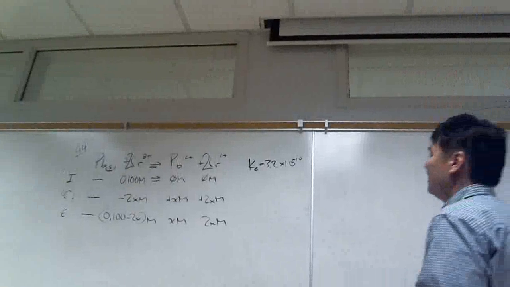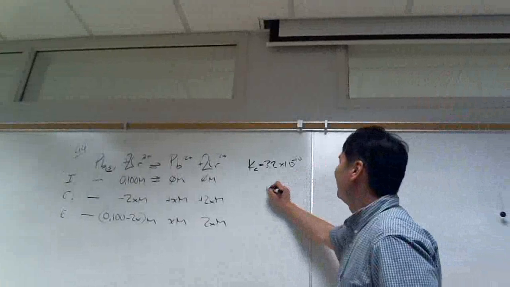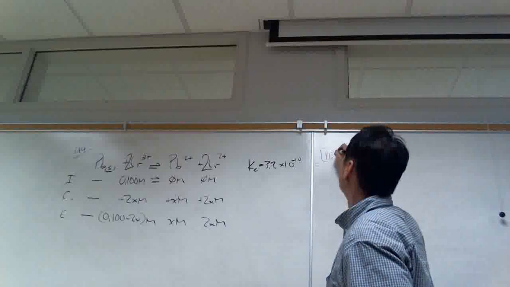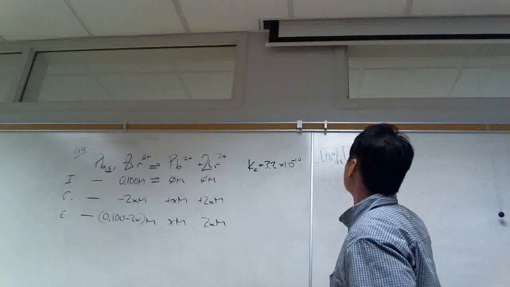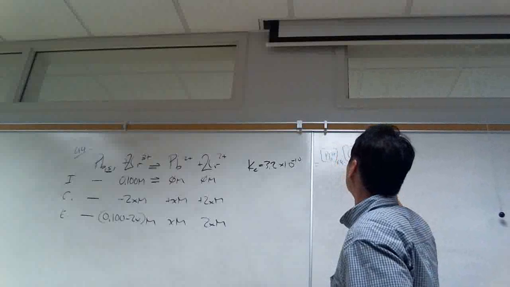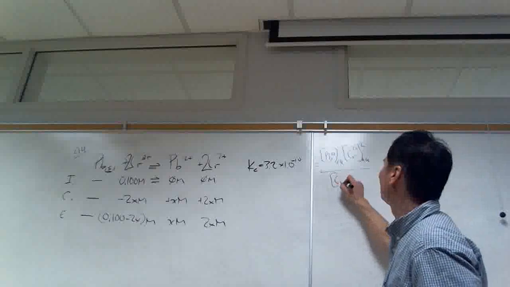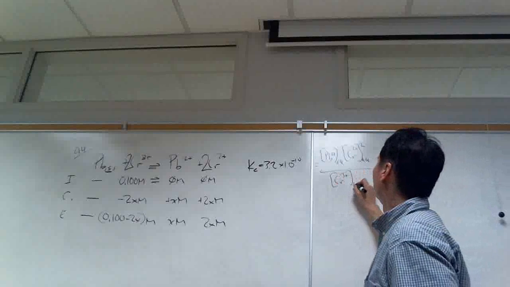All right, Kc here is going to equal the concentration of lead 2 at equilibrium times the concentration of chromium 2 at equilibrium squared divided by the concentration of chromium 3 at equilibrium squared.